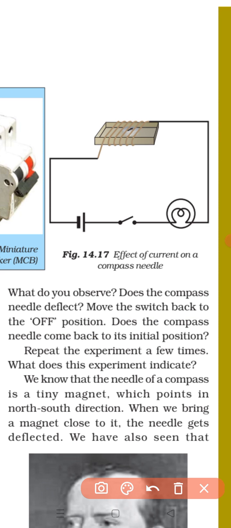So we will find that the compass needle will move back to its original position. This shows that when the electric current flowing in a wire stops, the magnetism produced by it will disappear. Clear?